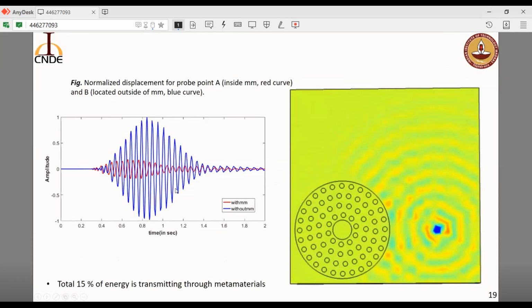We can see that the red plot shows the attenuated frequency, and the blue one is outside the metamaterial, where we have measured at equidistance, and we can see that the wave is attenuating. Also, we can see in our simulation studies that the wave is not passing through our metamaterial.